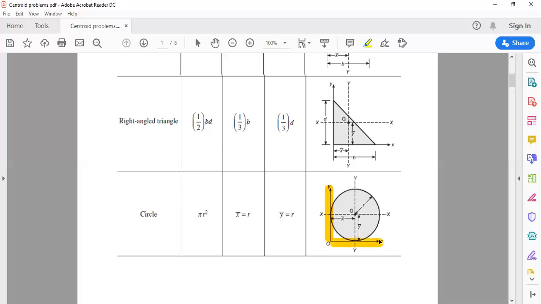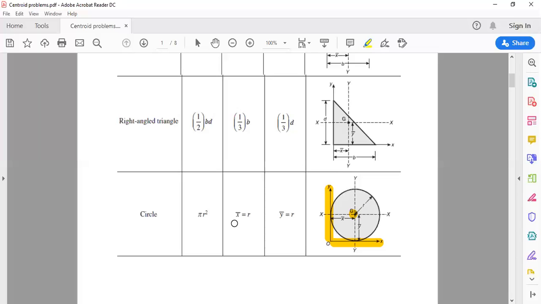And we all know that the area of a circle is pi r square, the area of a circle whose radius is small r. Now, the distance of the centroid. We all know that the centroid of a circle is nothing but the center of the circle.